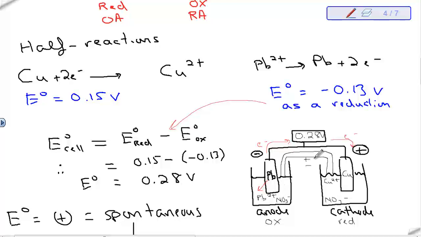So this salt bridge functions in that it provides ions that will migrate to counterbalance that buildup. So the negatives will always move towards the oxidation electrode, the anode, and the positives, for the same reasoning, will go to this side, because as the electrons build up, we're pulling the copper ions out of solution, creating an excess of negatives, so we have to balance them with the positives. So that's a voltaic cell. That's how you draw it.